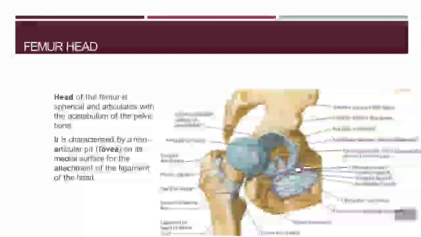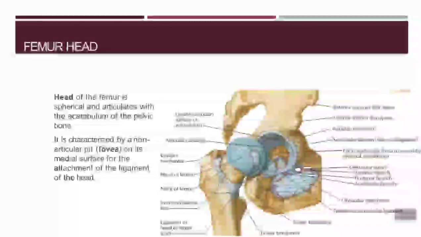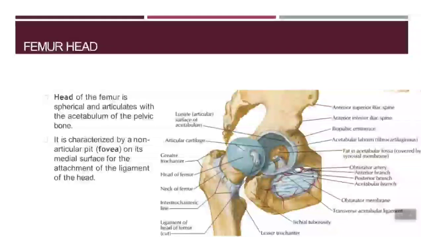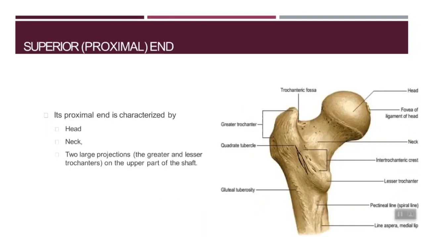Here you can see the head of the femur. A little below the middle of the head, we have a small cavity. That is named the fovea capitis. You can see it in these pictures.